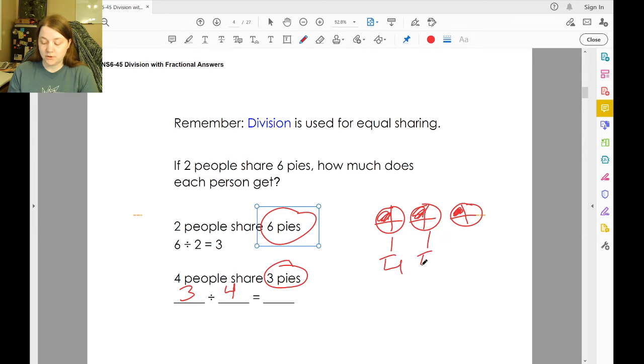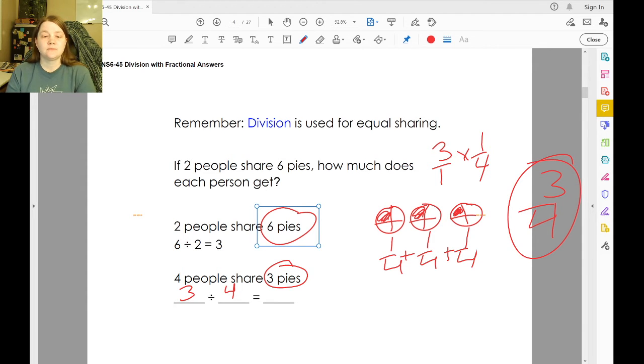That's 1/4, 1/4, 1/4, or 3 times 1/4. 3 over 1 times 1/4, or 1/4 plus 1/4 plus 1/4, is 3/4, which, oddly enough, is what I just wrote right here. Because remember that the fraction bar means divide.